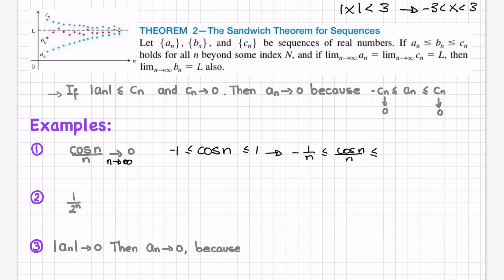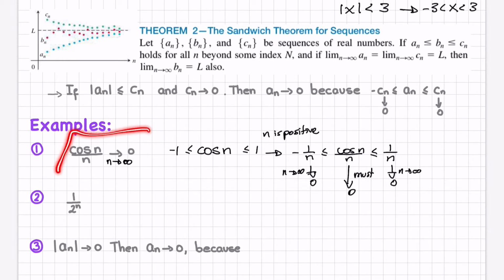Now you see that this approaches 0. As n approaches infinity, -1 over n definitely approaches 0. And here, 1 over n approaches 0 as n approaches infinity, right? So the middle one must approach 0 by the theorem. And we have proven that this approaches 0.